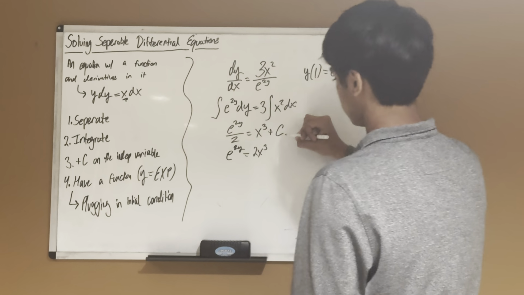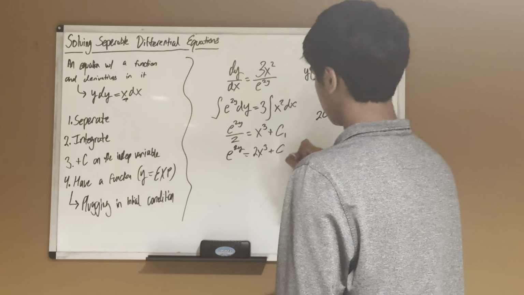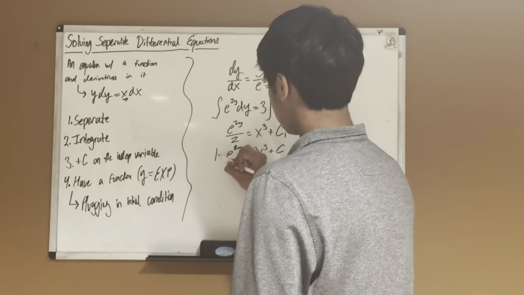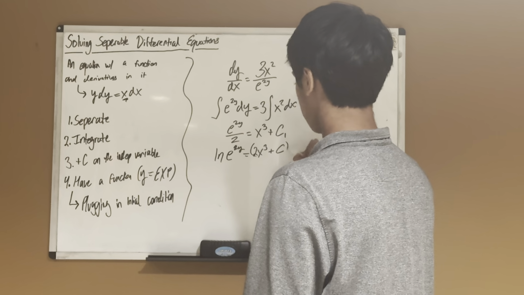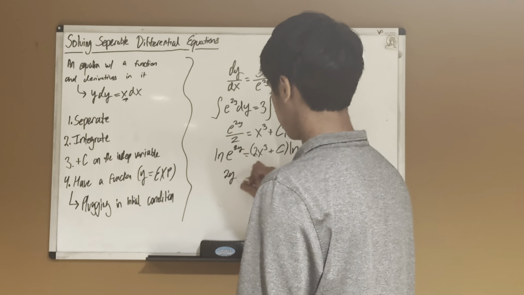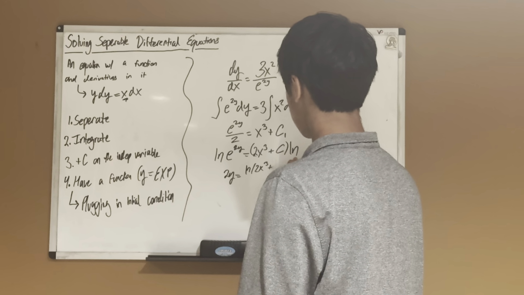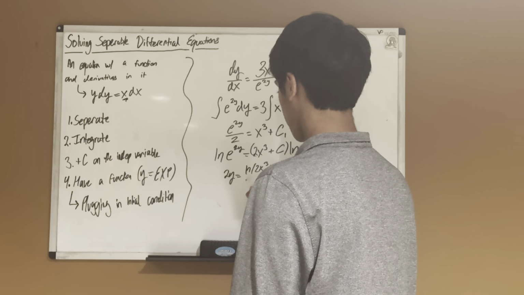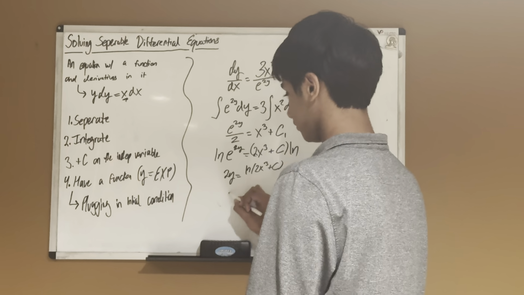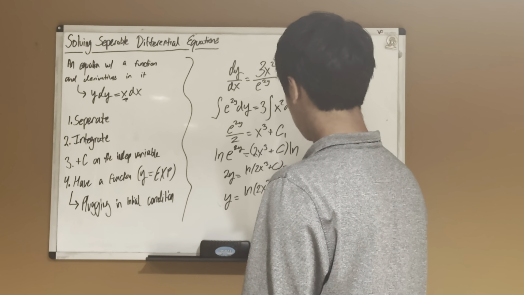We're going to do the same thing as last time: c1, 2c1 equals c, plus c. We take the ln of both sides to get rid of the e. We get 2y equals ln of (2x cubed plus c). Then we divide by 2. We get y equals ln of (2x cubed plus c) over 2.